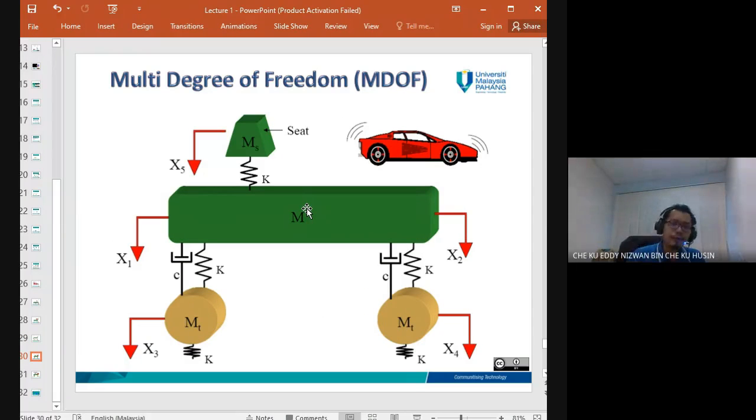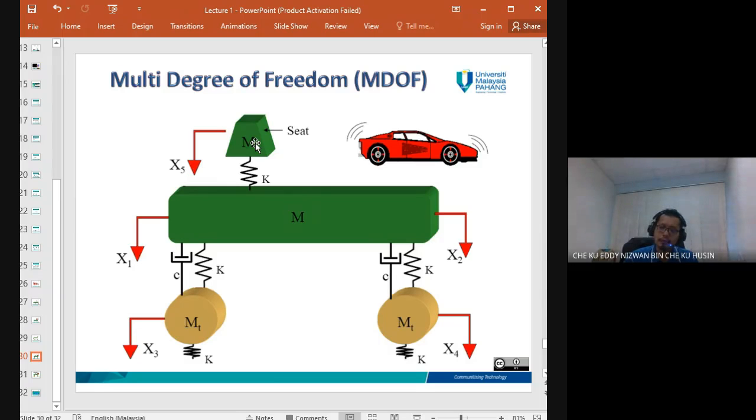And to go into details, we can study the seat here. Mostly we study comfort. We measure the vibration received by the driver to ensure whether it is comfortable or not.